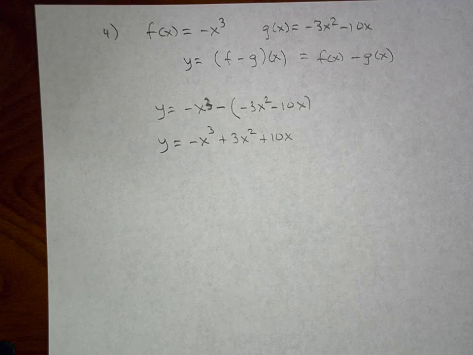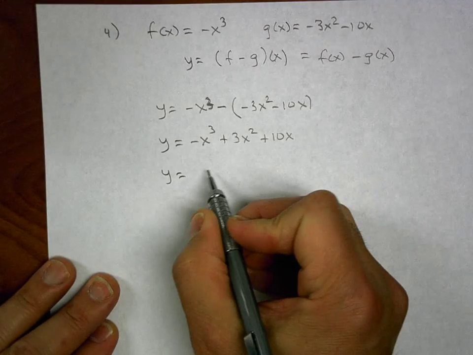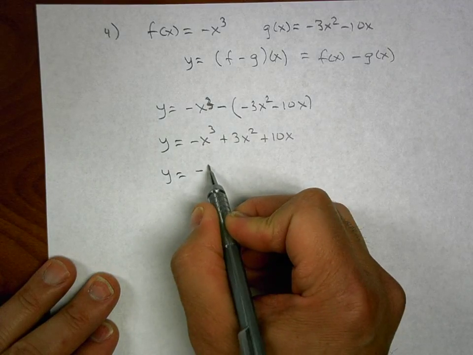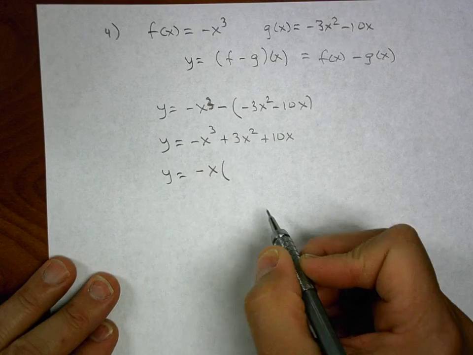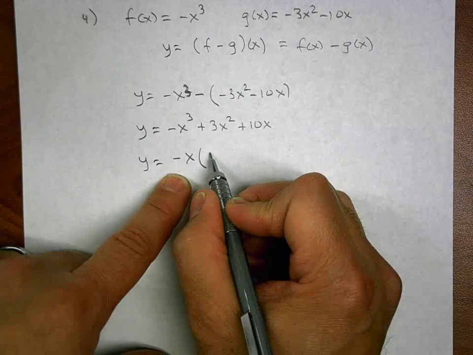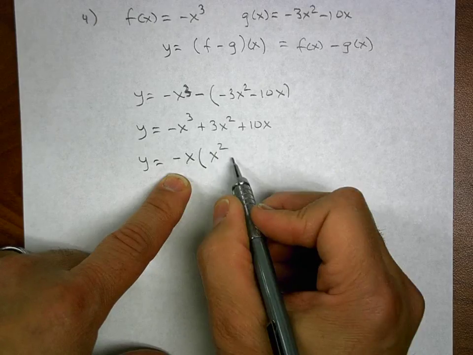Oh, GCF. Okay. So what is our GCF? Okay, x is common, but to make it a little easier, let's factor out a -x. Okay, -x. So we're left with what? X squared to get this. Keep going.